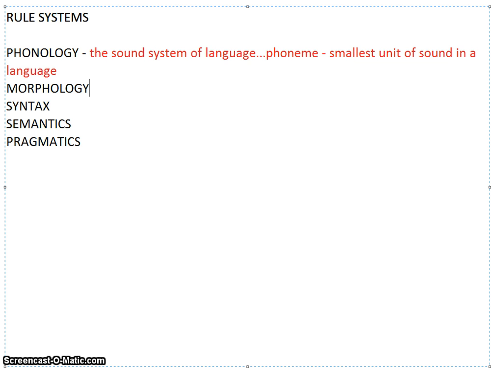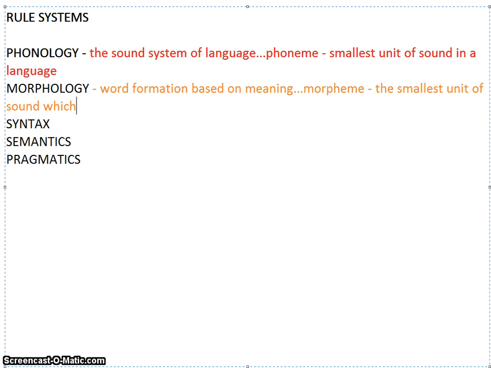For morphology, this is the word formation based on meaning. And so just like phonemes go with phonology, these have morphemes. And a morpheme is the smallest unit of sound which carries meaning in a language.